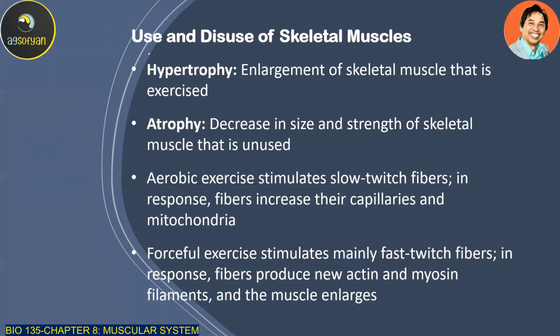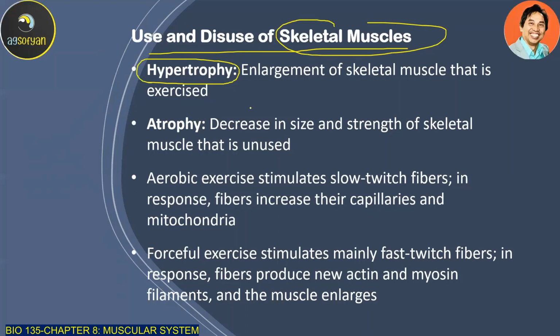Okay, use or disuse of the skeletal muscle. So this is special for skeletal muscle. Hypertrophy is usually for bodybuilders. They force their muscles so much that their muscles become so big. And this is what we call hypertrophy, enlargement of skeletal muscle. Atrophy is the opposite. When we do not use our muscles so much, then the size will decrease.